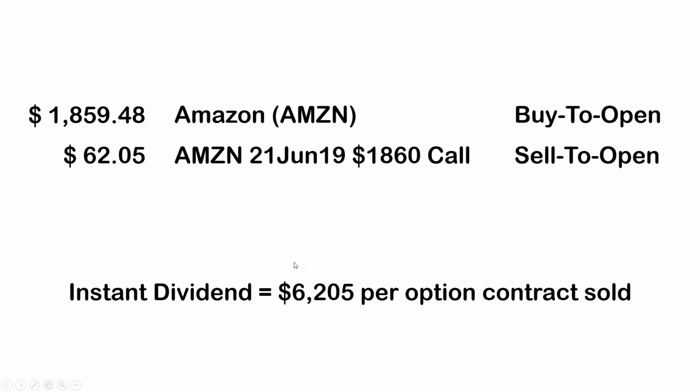I basically am creating a coupon because this at the money option is going to wind up expiring worthless on the 21st of June. If the person who gets the coupon doesn't use it, it is expiring worthless. So I'm creating this discount. I'm creating an instant dividend.